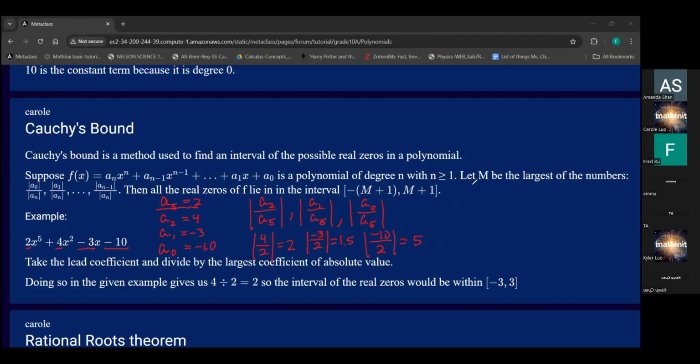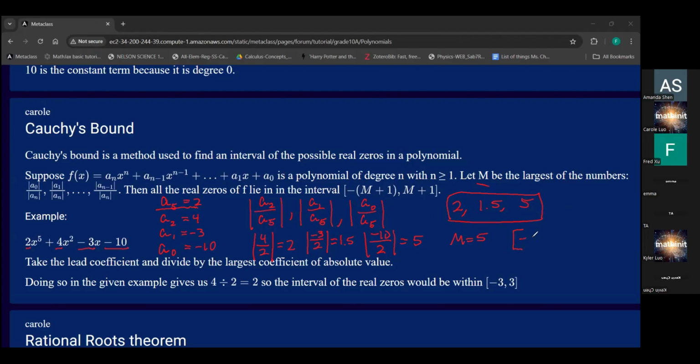And so Cauchy's bound states that if M is the largest of these numbers, so basically we have 2, we have 1.5, and we have 5. M is the largest of these, and 5 is the largest, so M must be equal to 5. And it states that the zeros must lie in this interval here.